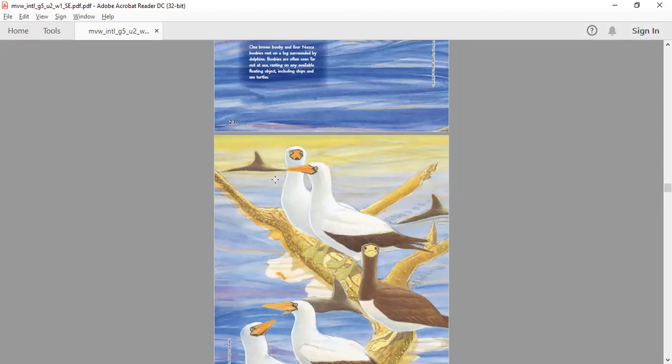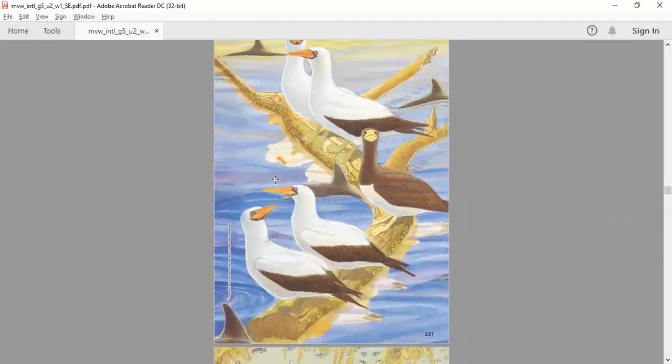Boobies are often seen far out at sea, resting on any available floating object, including ships and sea turtles.